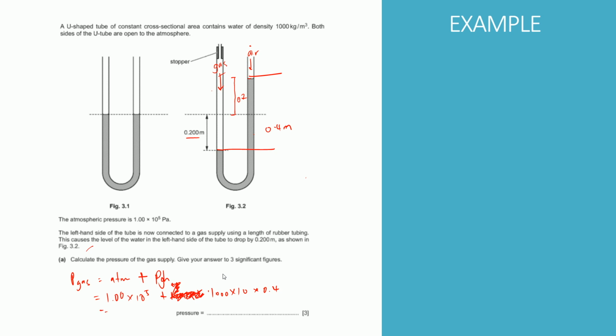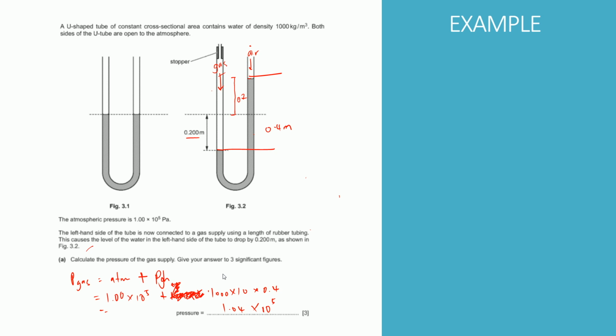And so when you do the calculations, you get 1.04 times 10 to the power of 5 as the pressure. And you can see why the sign that you put in front of the height matters, right?